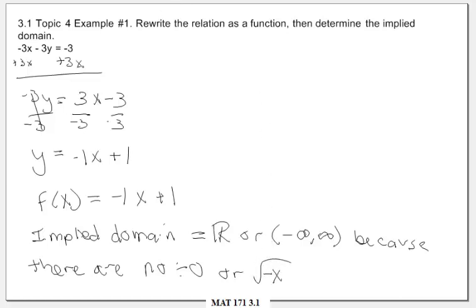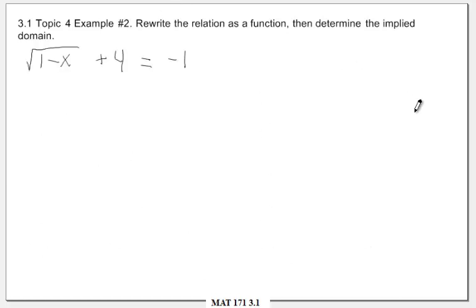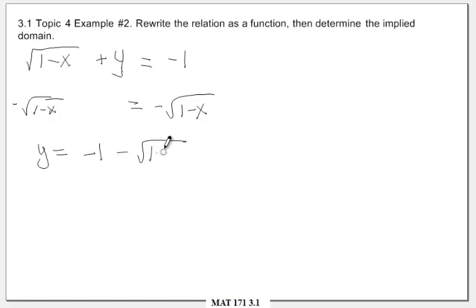For example 2 under topic 4, we want to rewrite the relation as a function, then determine the implied domain. So I'm going to subtract the square root of 1 minus x from both sides first. This is a y. It looks like a 4, but it's supposed to be a y. So we get y is equal to negative 1 minus the square root of 1 minus x.